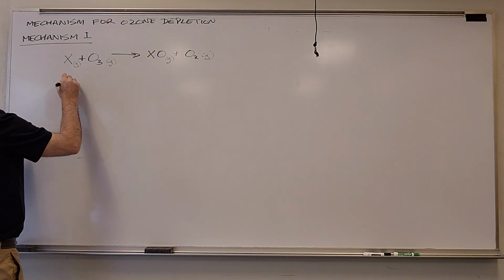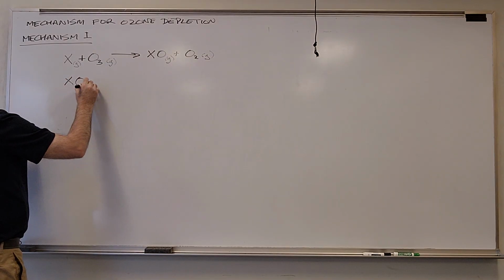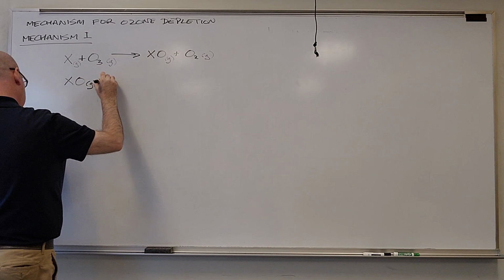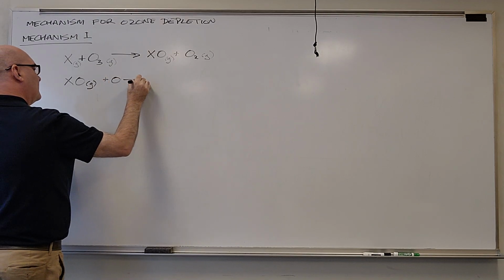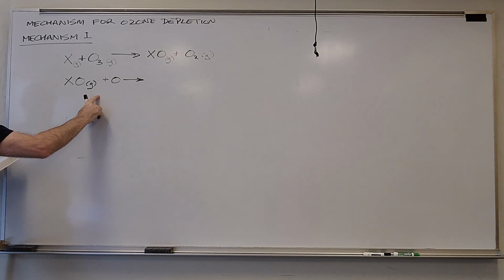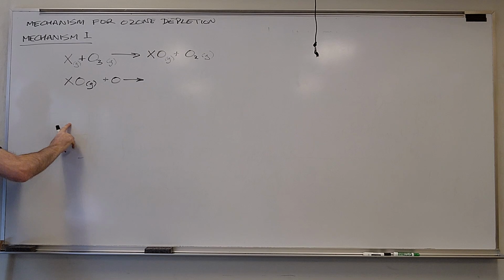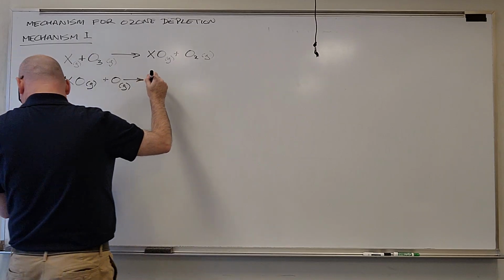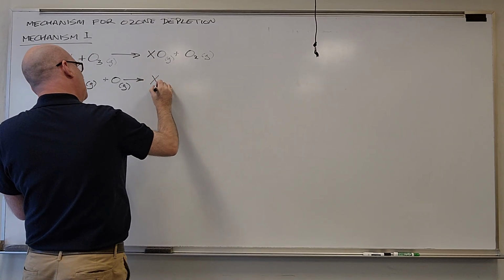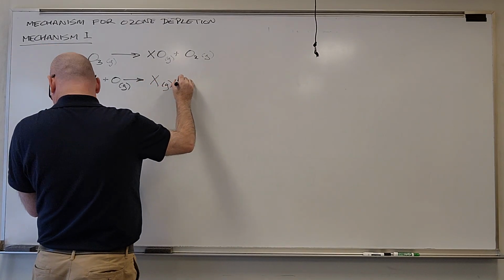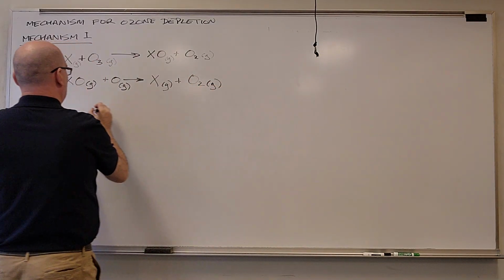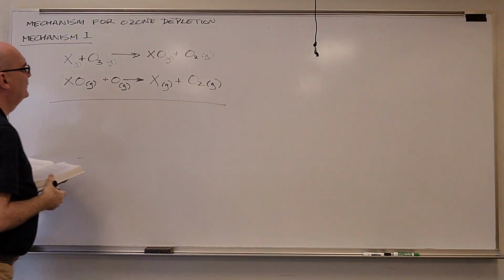And then our non-metal oxide gas reacts with a reactive atom of monatomic oxygen in the gas phase. And that frees up X again. And we have an overall reaction.